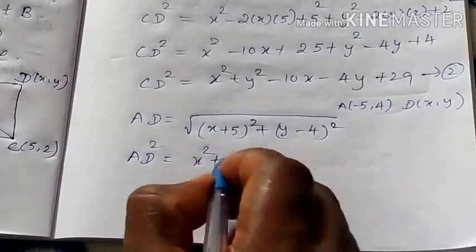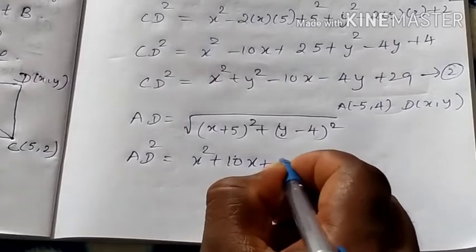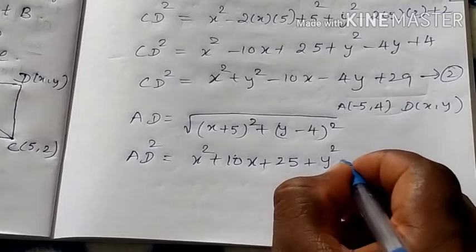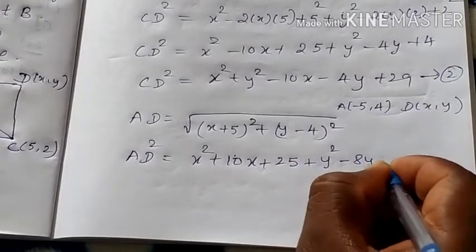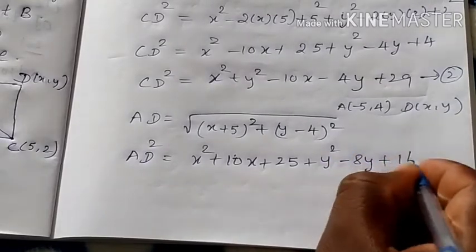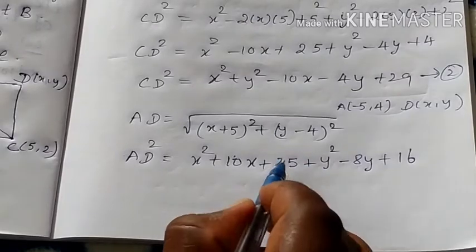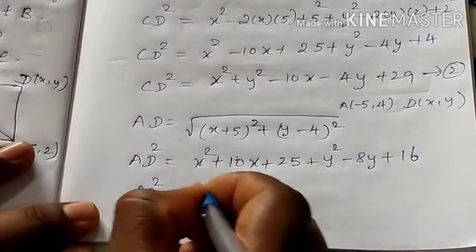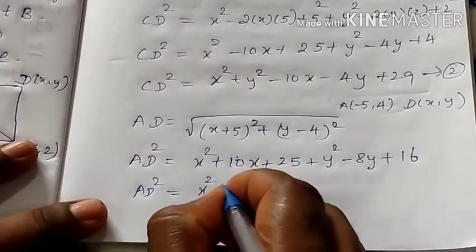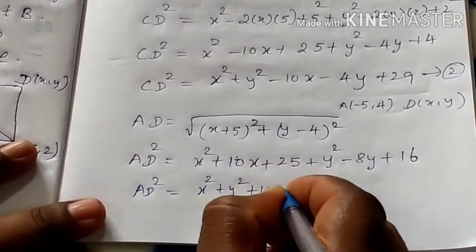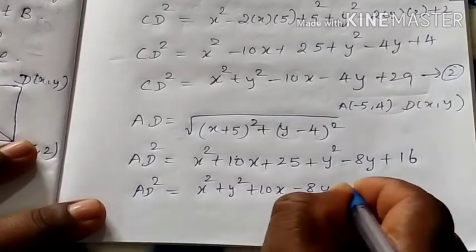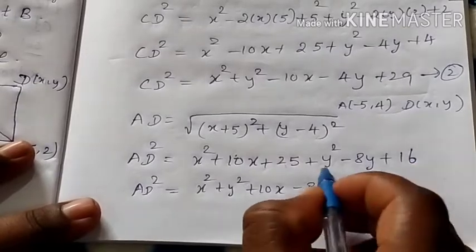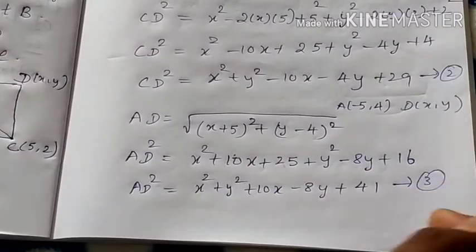Directly I write, just ignore one step. Plus b squared is 5 square, so 25, plus a square minus 2ab, so totally 8y, plus b squared is 4 square, so 16. So AD square equal to x square plus y square plus 10x minus 8y plus the sum of the values, plus 41. Okay, this is number 3.